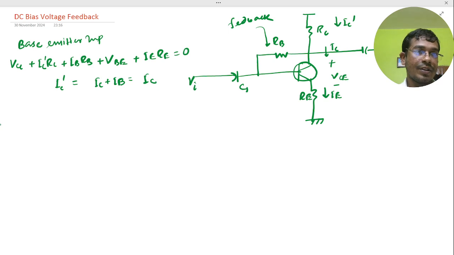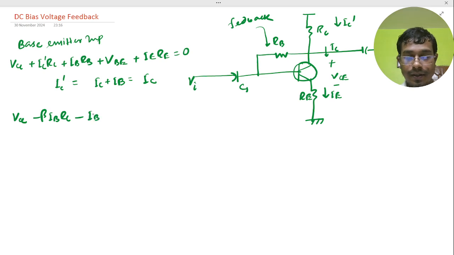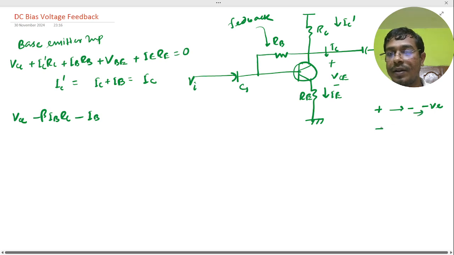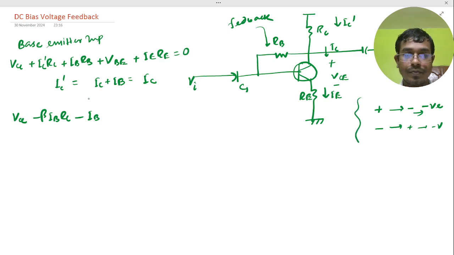For the collector loop, we consider VCC minus beta IB RC minus IB RB, going from positive to negative, and negative to positive with the KVL sign convention, minus VBE minus beta IB RE, which becomes 0.